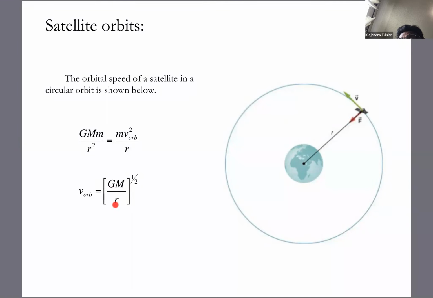So the further out you are, the slower your orbital speed. The orbital speed falls off as 1 over r to the power half. So if you're 4 times as far, your orbital speed is half as much. That's what that equation is telling you. So that's the orbital speed of the satellite.